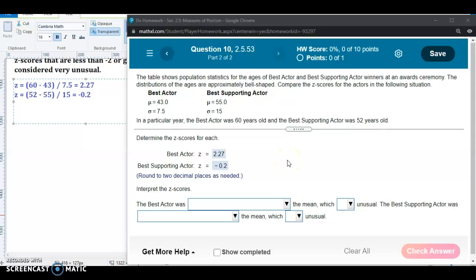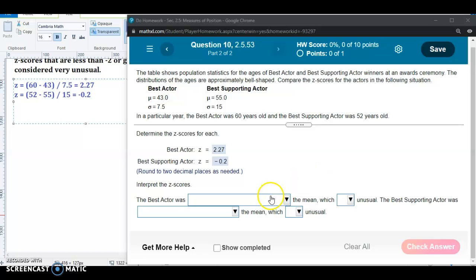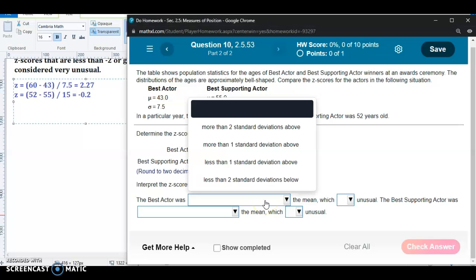Now we're asked to interpret these z-scores by filling in these blanks. The best actor was blank the mean, which blank unusual. Let's see what the answer choices are. We look at the z-score, which is 2.27.